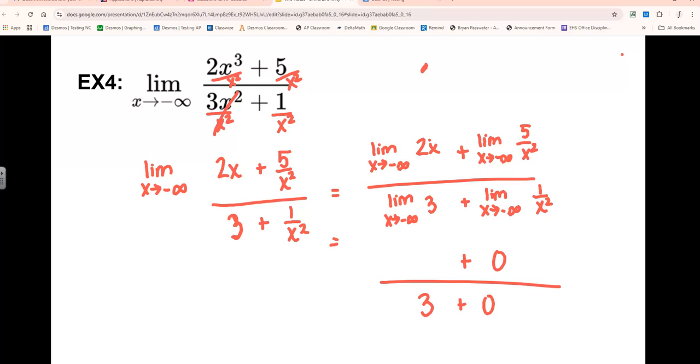But like 2 times negative 1,000, 2 times negative 1,000,000, 2 times negative a gazillion. What are you going to be approaching? It's going to be negative infinity, right? As you plug in bigger and bigger numbers, but they're negative because we're approaching negative infinity, you've got 2 times a really big negative number, which is going to give you a really, really big negative number, right? So this is going to approach negative infinity.